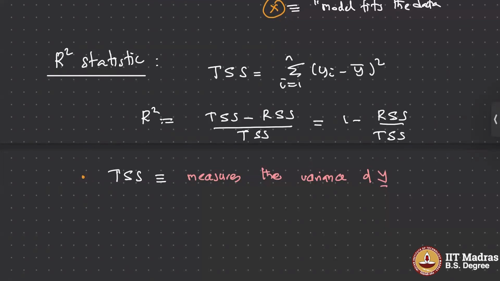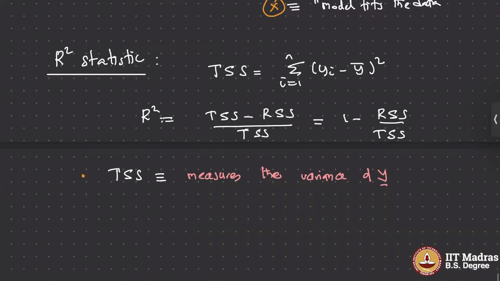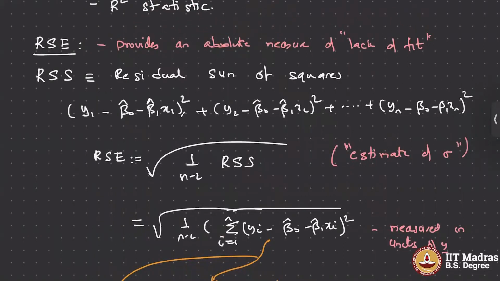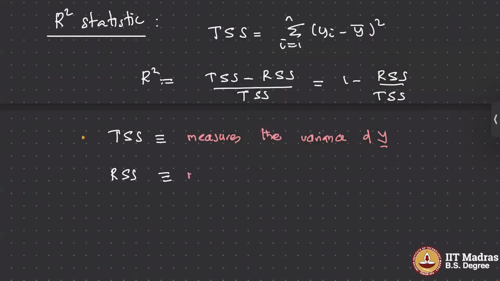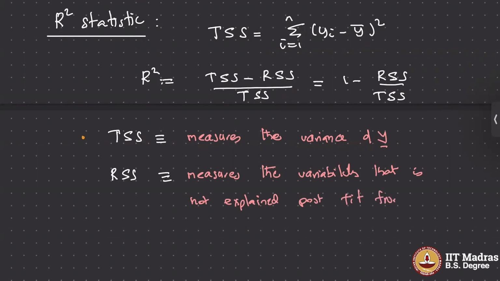RSS is y minus the predicted value, so RSS measures the variability that is left unexplained after fitting the model, the variability not explained post fitting the model.